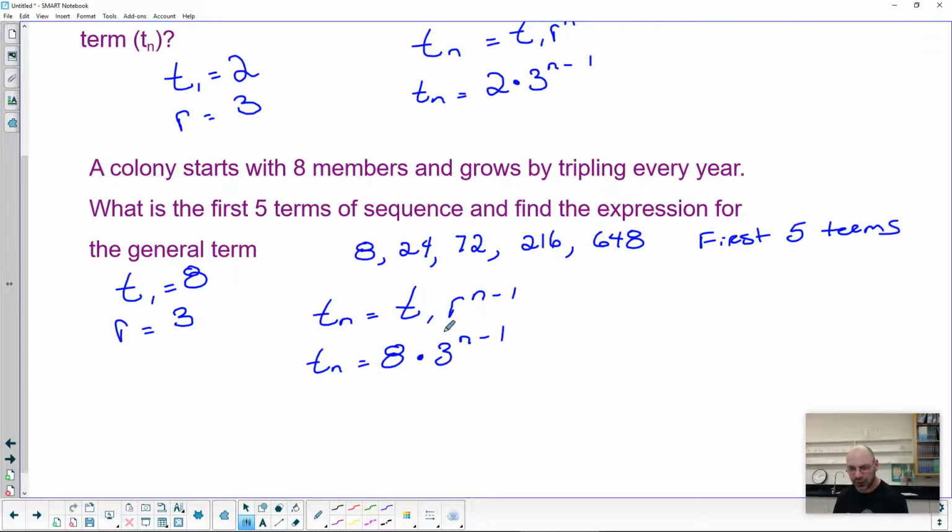There's our general term. Now, the exponent has to be done first, before you do any of that multiplying. Remember, order of operations. Sometimes, to avoid confusion, I will even put a bracket around it so that people remember to do that first, because sometimes they forget. You don't have to do that, but it does remind you that it has to be done before you multiply the 8. Okay, so that's the general term.